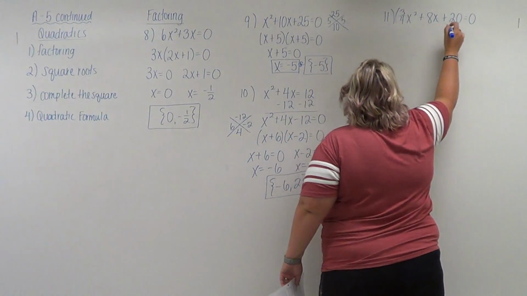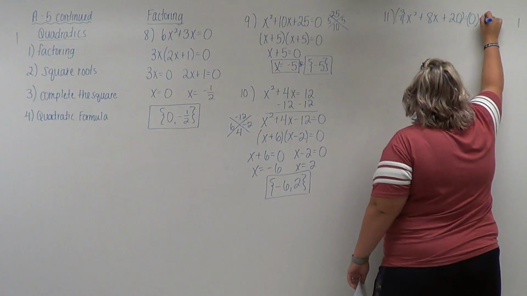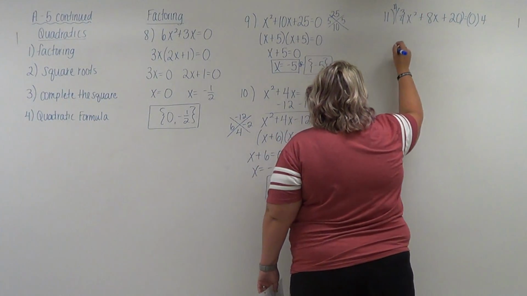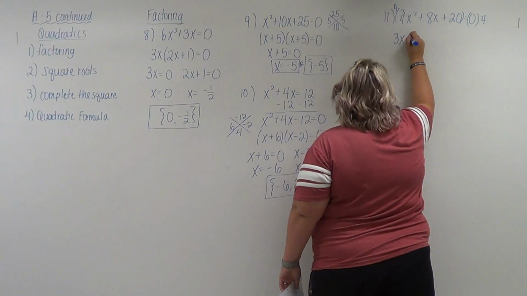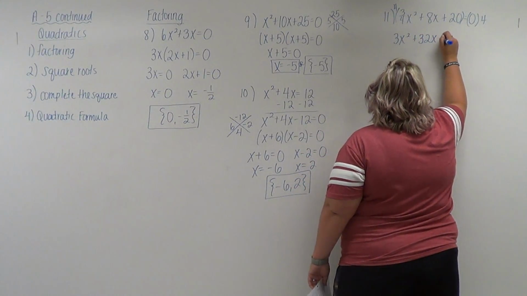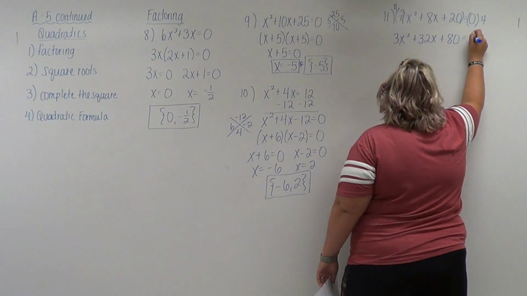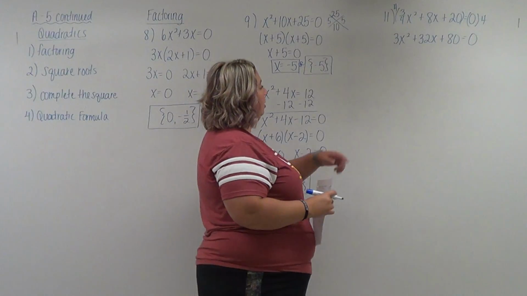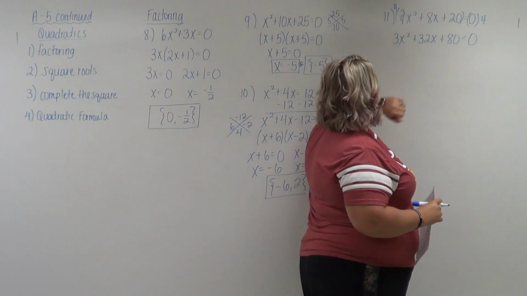So I'm going to multiply everything by 4. So then that would give me 3x squared plus 32x plus 80 equals 0. Okay, and the reason why this is 3 is those 4's are going to cancel.